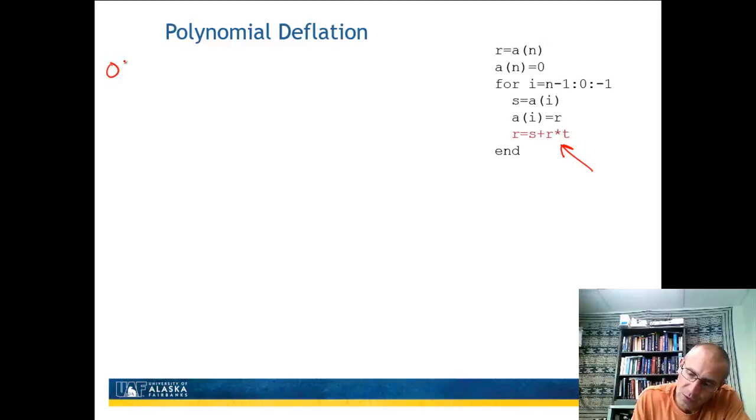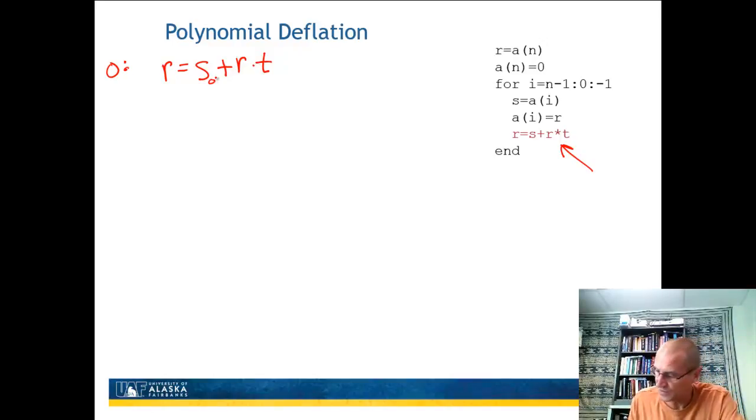Let's go back and look at what we had. We started off when i was 0. So in fact, I'm going to unroll this. We said that r was equal to s plus r times t. Okay, and this was at that very last time, so that was more or less s0. Now if I look at what the previous value of r was, this is equal to s0 plus, and what was r?